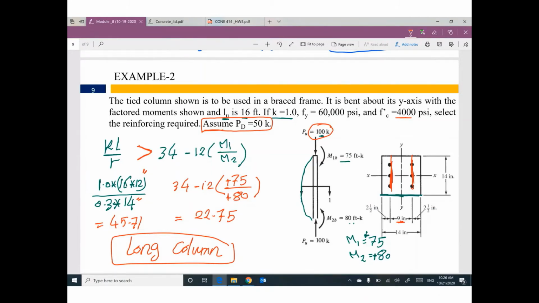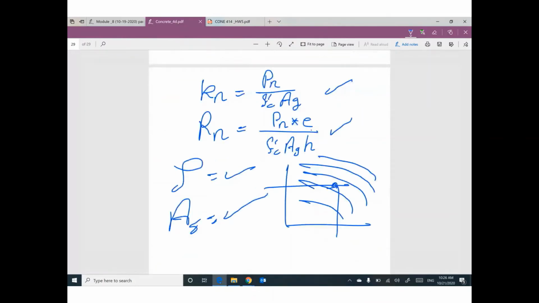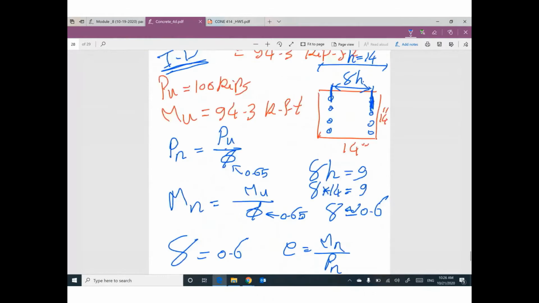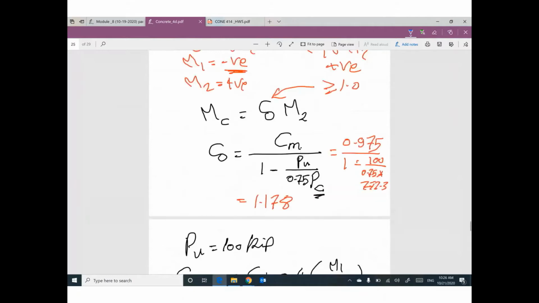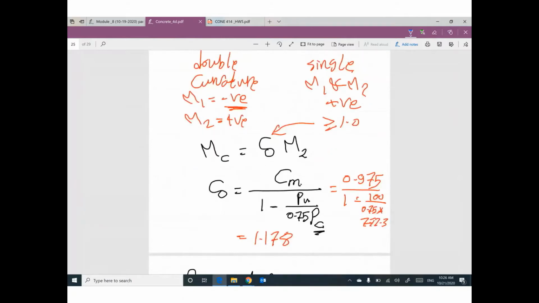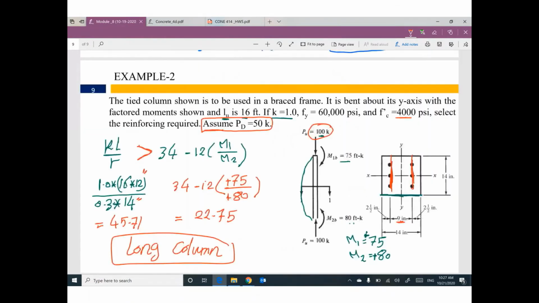If the column is long, we need to take the effect of buckling. How? By getting a new moment, Mc, equal delta times M2. This delta will consider the effect of buckling. But if the column is short, you don't need to do all of this stuff.